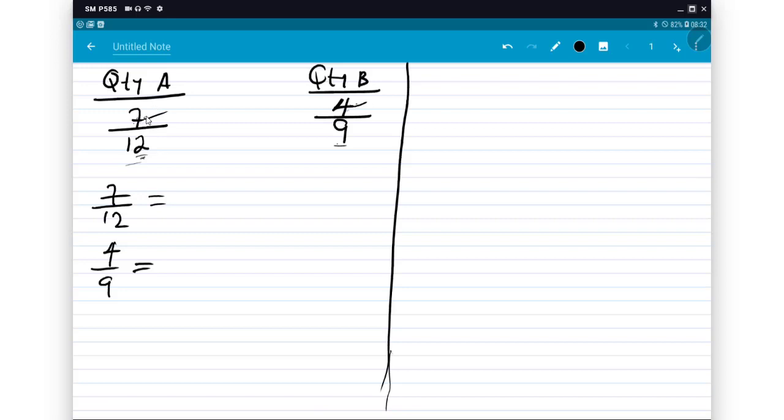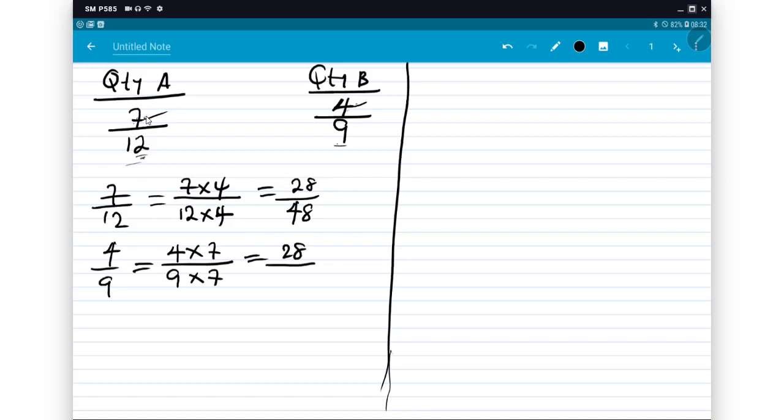So this becomes 7 times 4. And whatever I do to the numerator, I must do to the denominator. So this also becomes 12 times 4. And here, this will be 4 times 7, and this will also be 9 times 7. Now, this gives me 28 over 48, and this is 28 over 63.